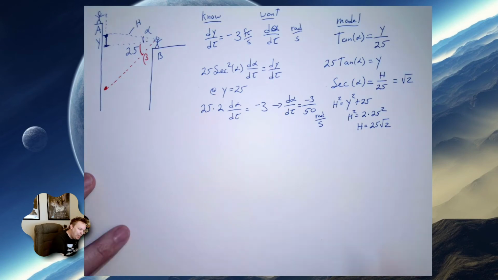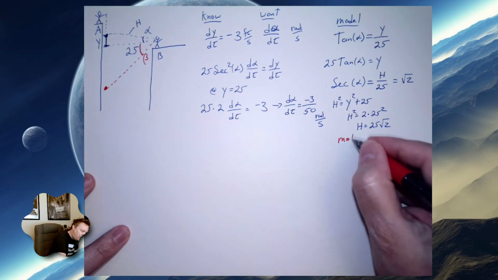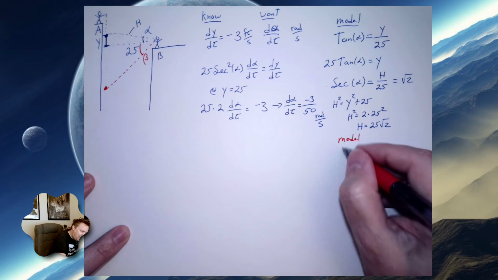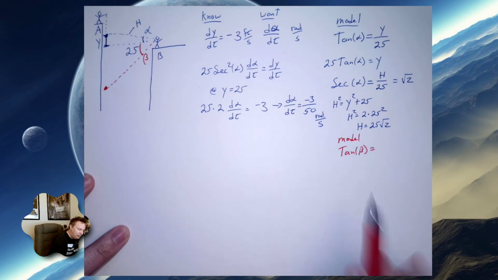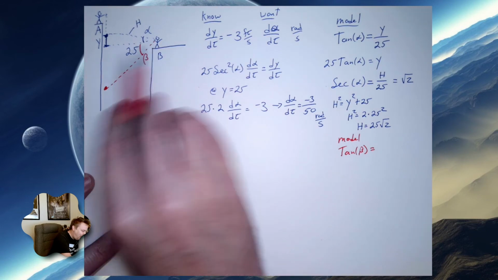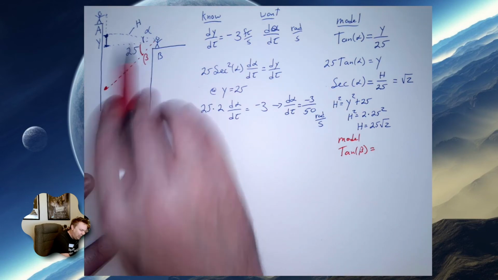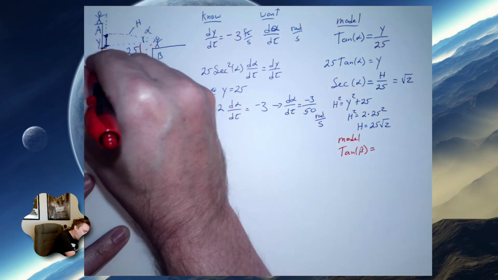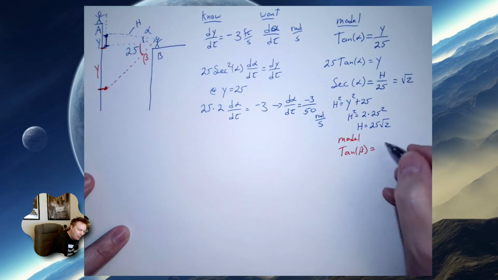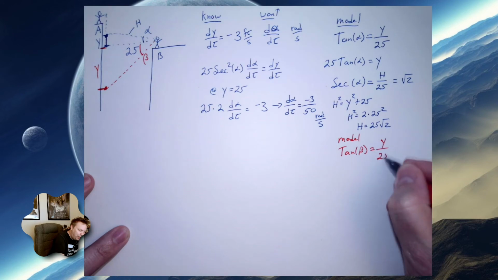So for part B, my model is going to be tangent of beta. Well, it's still opposite over adjacent. And I just need to label this distance here. I'll call this y yet again. So we're going to deal with y over 25.